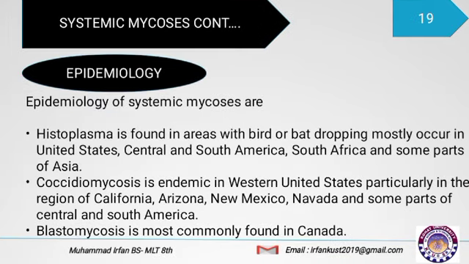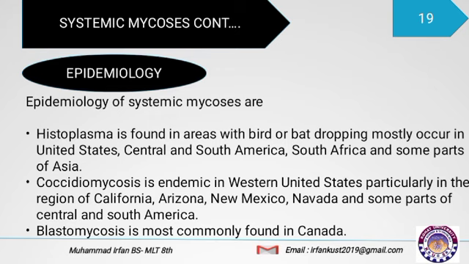Epidemiology. Regarding systemic mycosis, histoplasma is found in areas with bird or bat droppings, mostly occurring in the United States, Central and South America, South Africa, and some parts of Asia. Coccidioidomycosis is endemic in the western United States, particularly in California, Arizona, New Mexico, Nevada, and some parts of Central and South America.